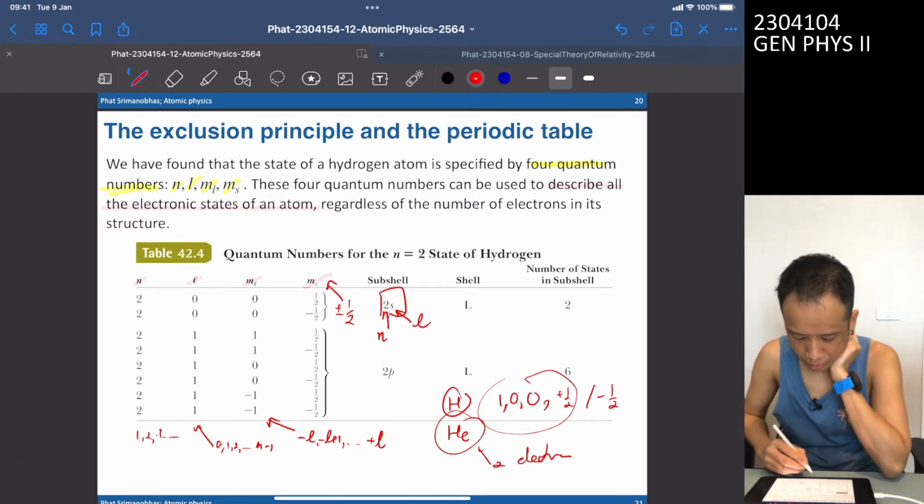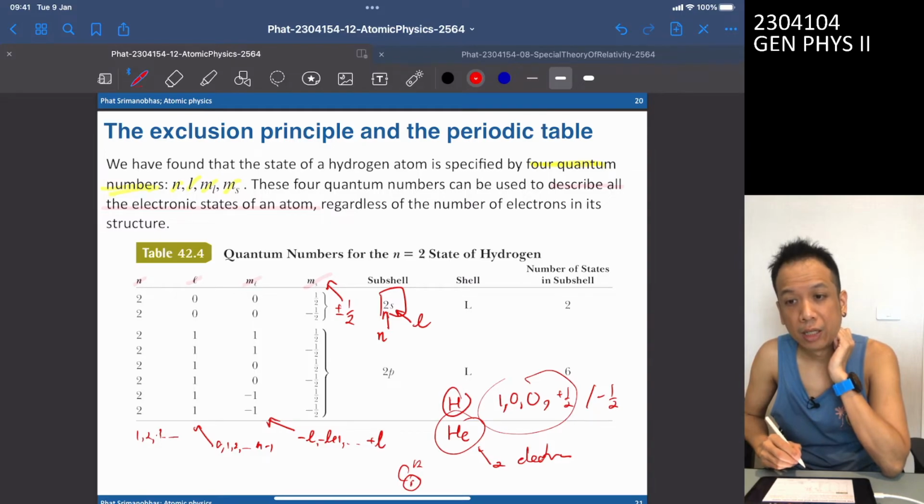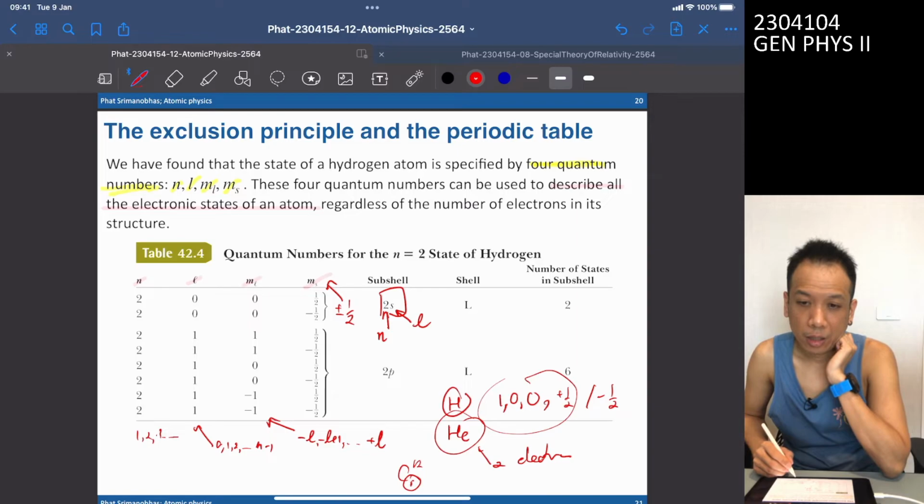And if it's not clear, we go to the next one, like boron or carbon. Carbon is C-12, 6, right? So you have 6 protons, so you have 6 electrons. The question is, what is the wave function of those 6 electrons? It's going to be 1, 0, 0, and the last number is random between half and negative half.